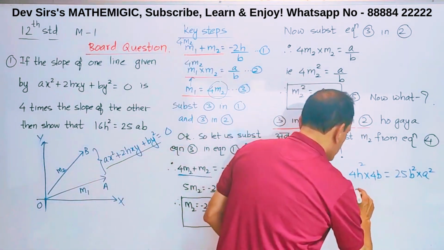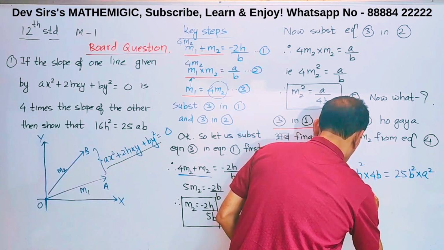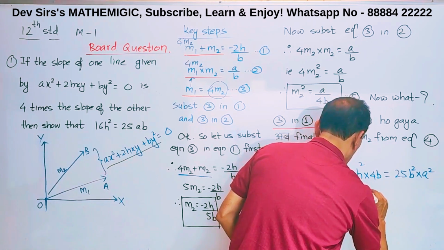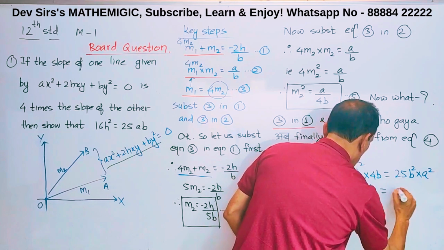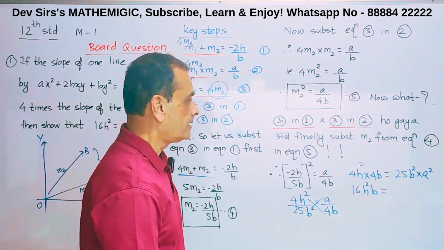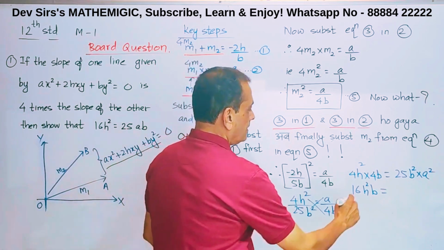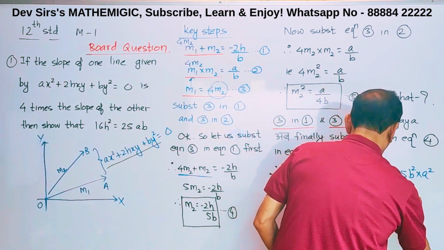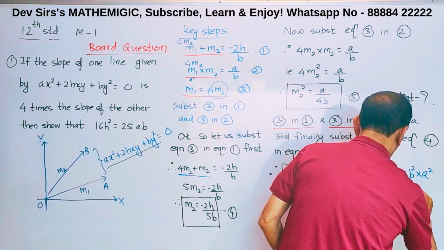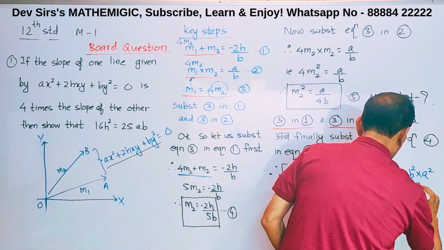Four into 4, 16 h squared b is equal to 25 a b squared.